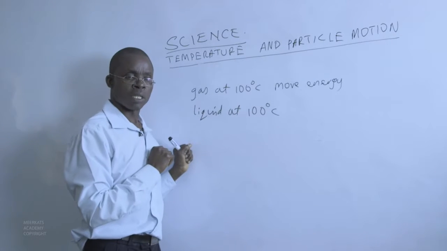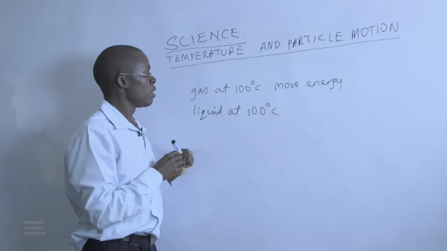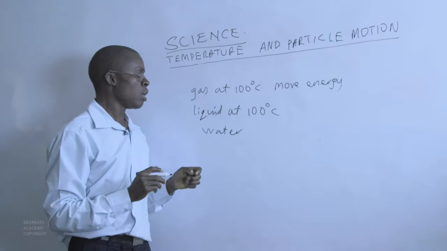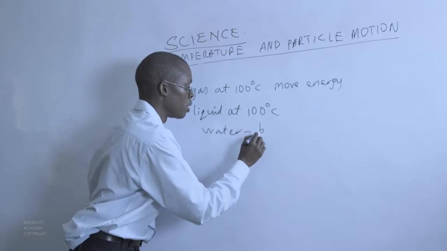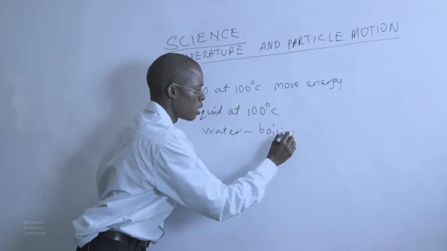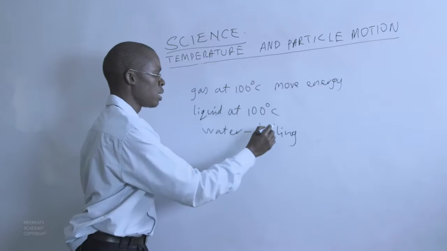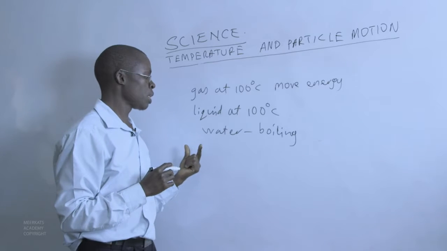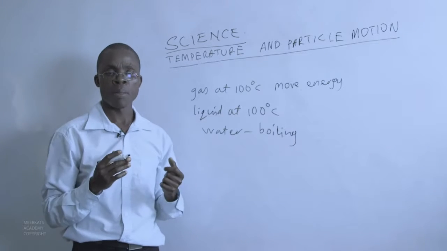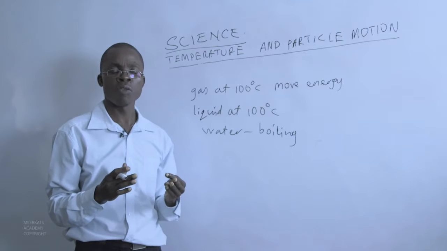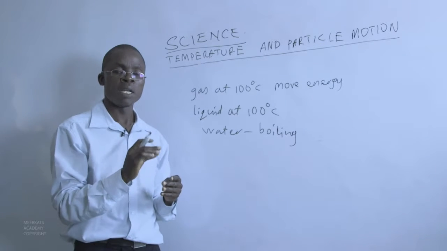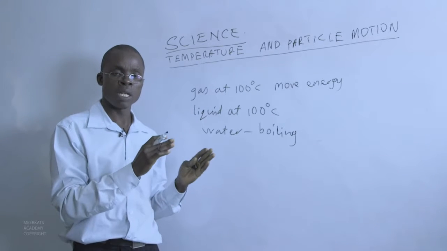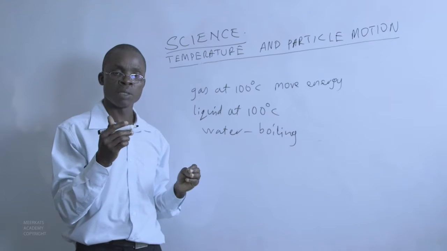At 100 degrees centigrade and at sea level, if we look at a liquid like water, then whatever will be happening is boiling. And what is boiling? Boiling is just a process of turning water, a liquid, into water gas, which is steam.